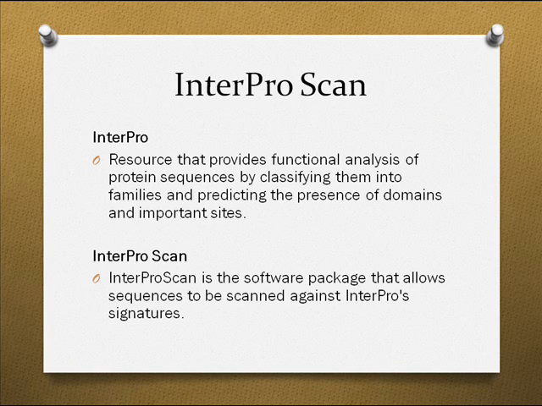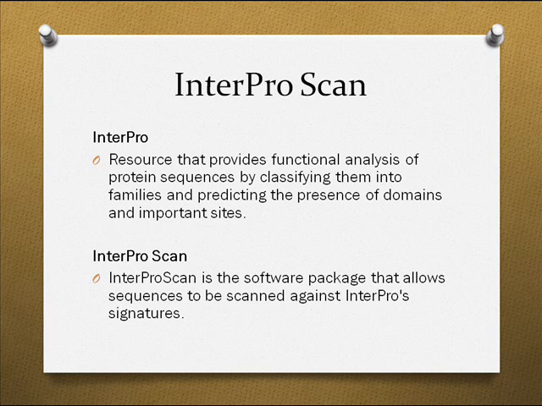So, basically, what is InterPro? InterPro is a resource that provides functional analysis of protein sequences by classifying them into families and predicting the presence of domains and important sites.